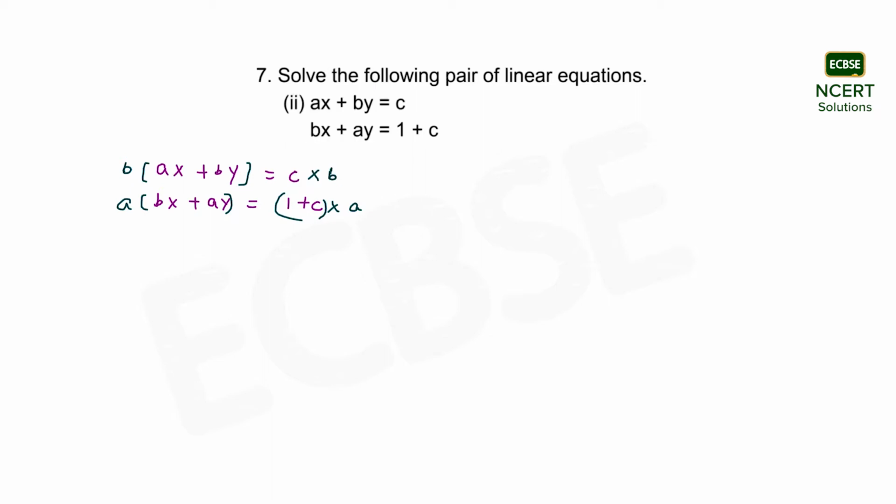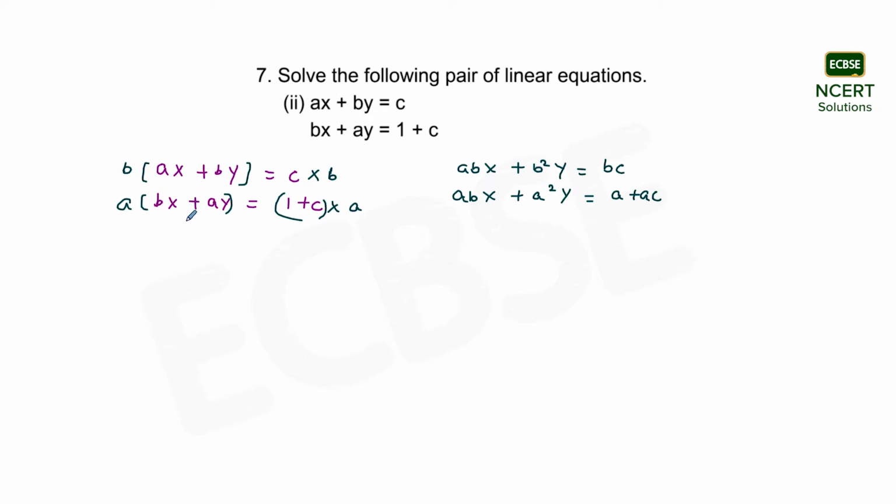The equations I'll be getting from here are abx plus b square y is equal to bc, and the second equation will be abx plus a square y is equal to a plus ac. So these are the two equations obtained after multiplying with the constants b and a, with equations first and 2 respectively.